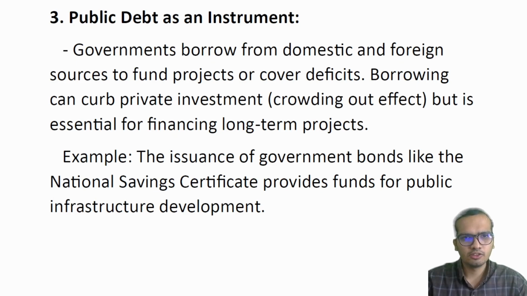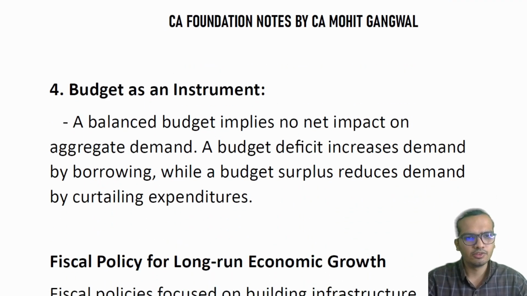So governments borrow from domestic as well as foreign sources to fund projects or cover the deficits. So borrowing can curb private investment, that is the crowding out effect, but it is essential for financing long-term projects. Example: the issuance of government bonds like the National Savings Certificate (NSC) provides funds for infrastructure development.